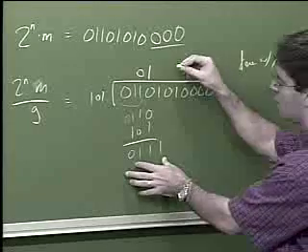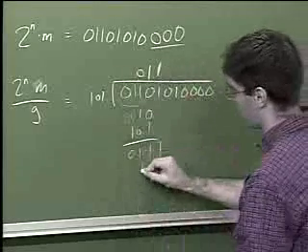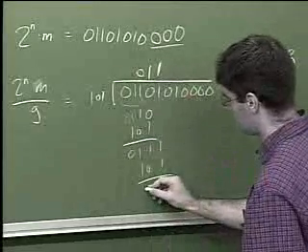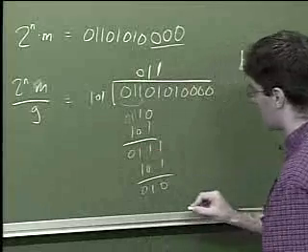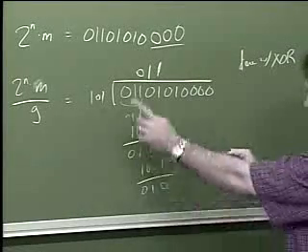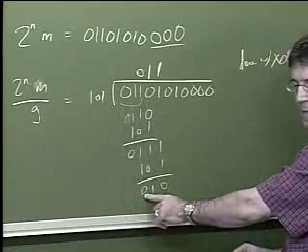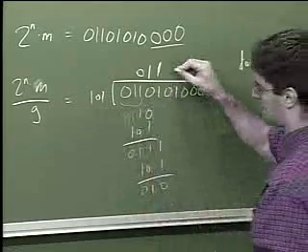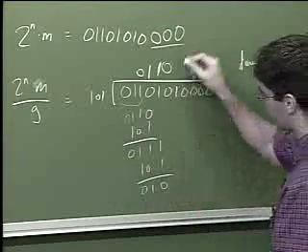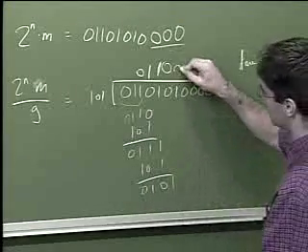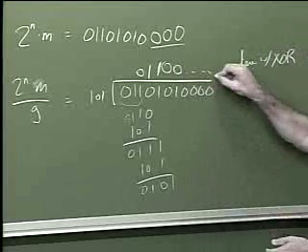So again, 1, 1, 1, yeah, that's got to be XORed. 1, 0, 1 comes out to 0, 1, 0. There's not a 1 here, so I don't do the division. Now I bring down the next quantity, 1, 0, 1. It divides in evenly, etc.